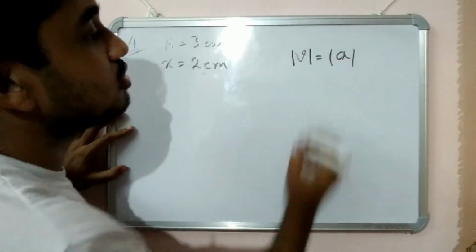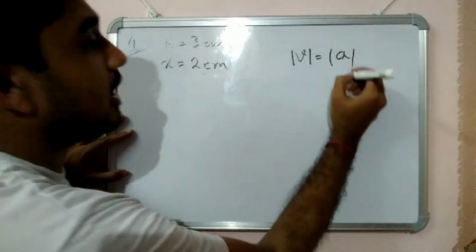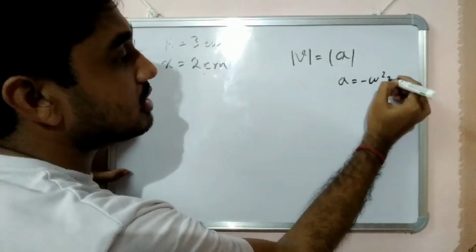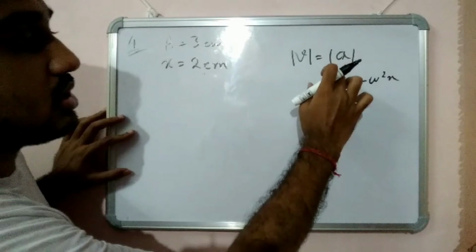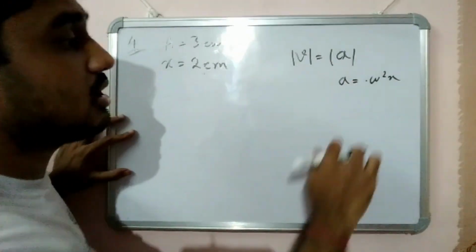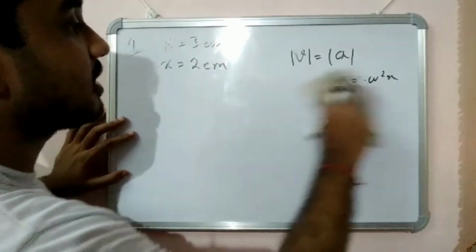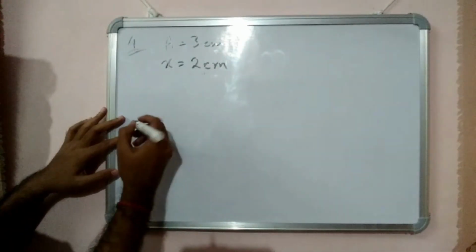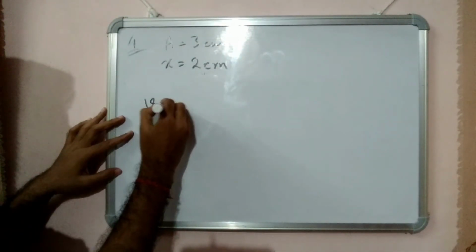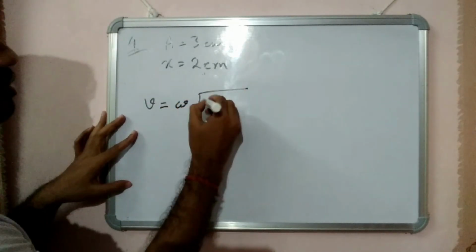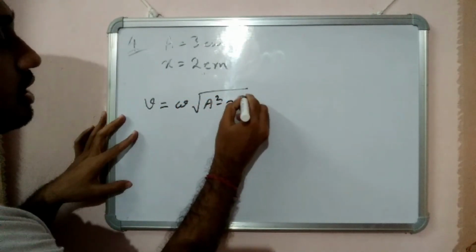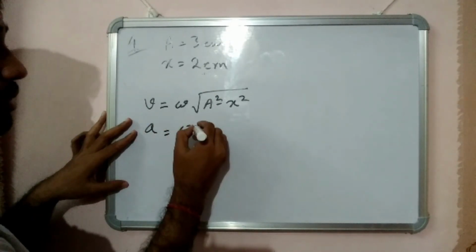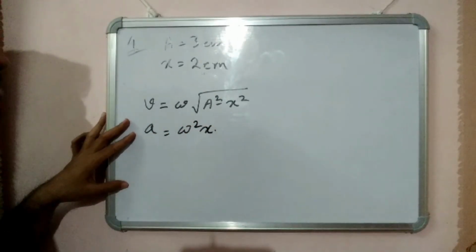So we know acceleration is written as minus omega square x. As we take only the magnitude, we will neglect the negative sign. And in the SHM case, we have to remember the velocity formula: v is equal to omega into the square root of a square minus x square, and acceleration a is equal to omega square x.